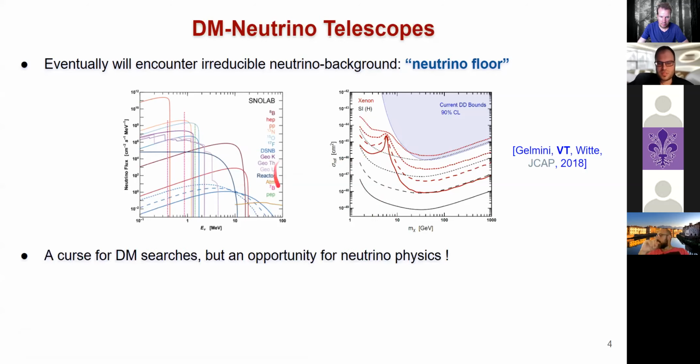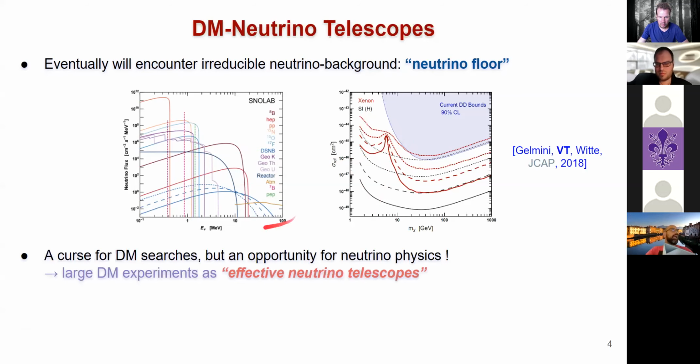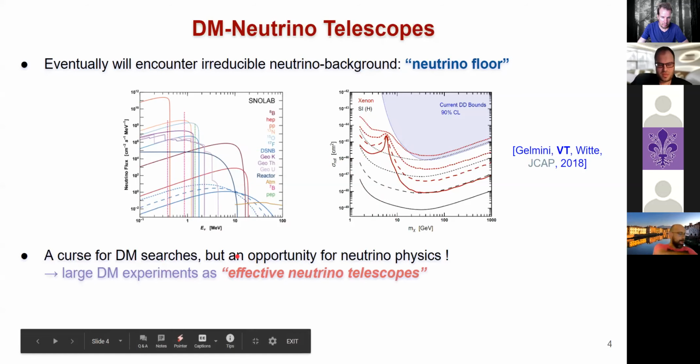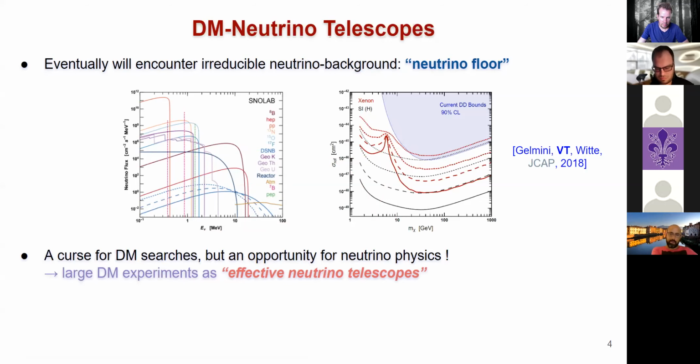All of this is a curse for dark matter, but it can be thought of as an opportunity for neutrino physics. Hence I would like to advocate thinking about these large experiments, even if they're not so good for WIMPs later on as they become very big because of this problem.